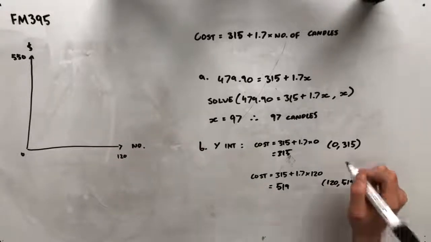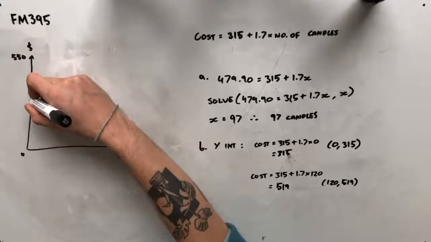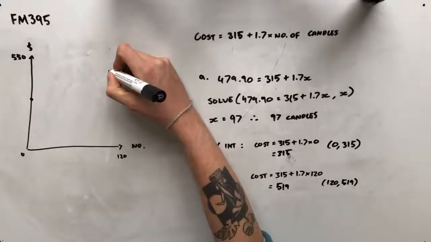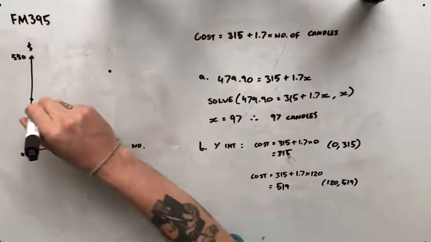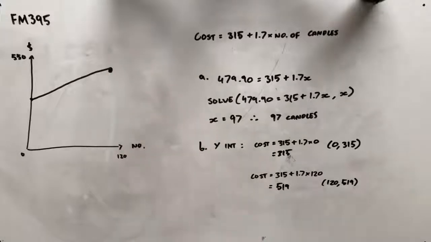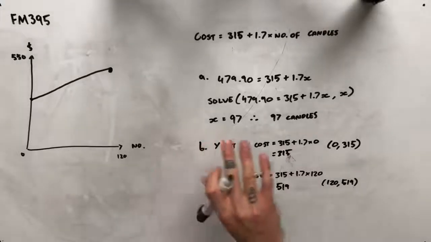So we've got 1 point at 0, 315, and 1 point at 120, 519, and we simply draw our line between those 2 points to end up with a line showing the relationship between the manufacturing cost and the number of candles manufactured.